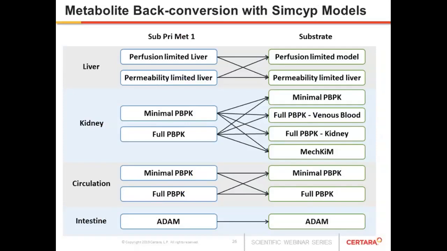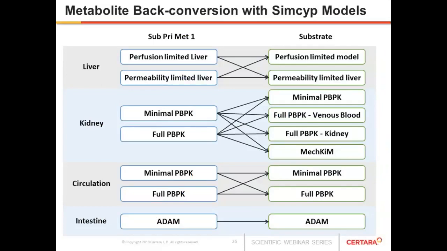Apart from the back-conversion in the liver, we do need to consider back-conversions in the other tissues, including kidney, circulation, and intestinal enterocytes. So basically, we follow the same principle as metabolite back-conversion in the liver wherever possible.